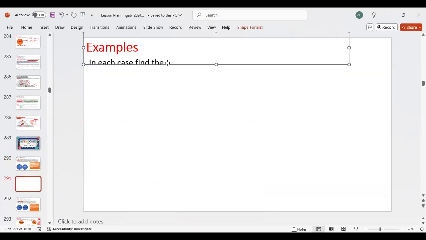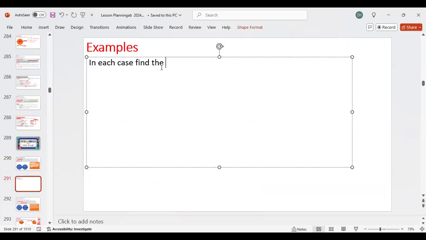All right, so in each case, I want to find the circumference of the circle. So let's say that they give you a circle and they want you to find the circumference, but the radius is not given.